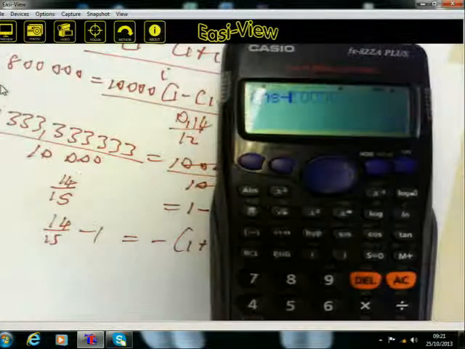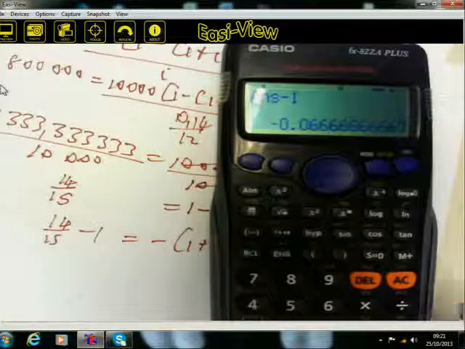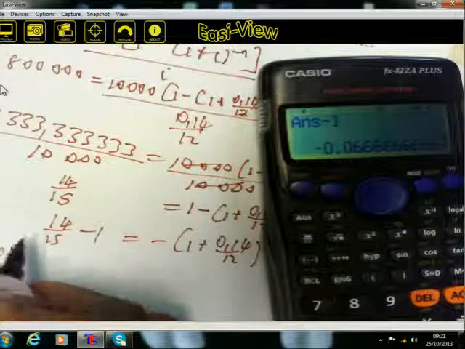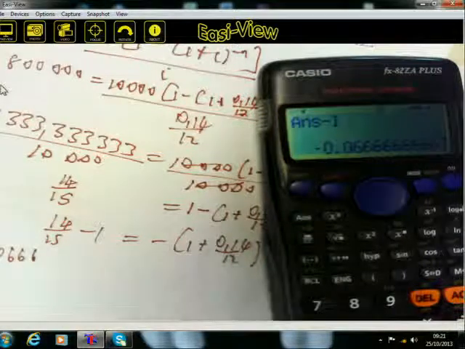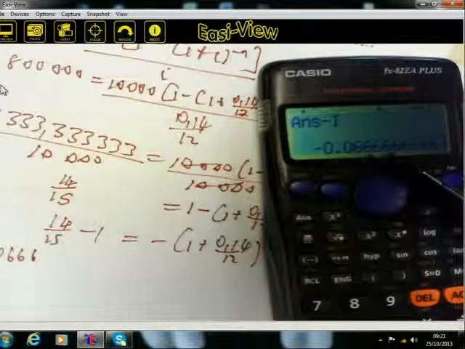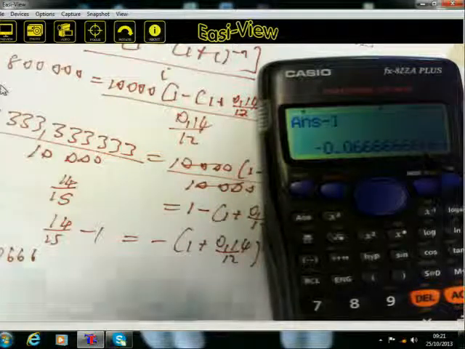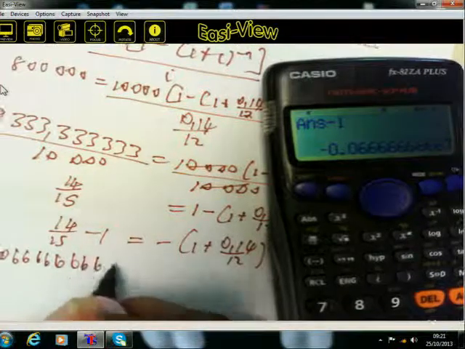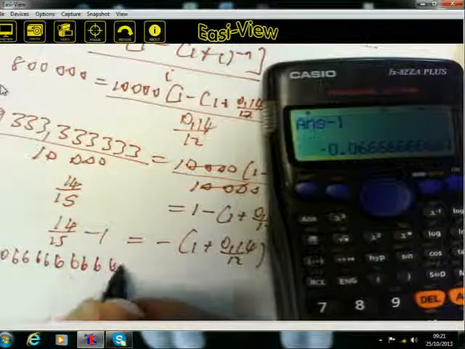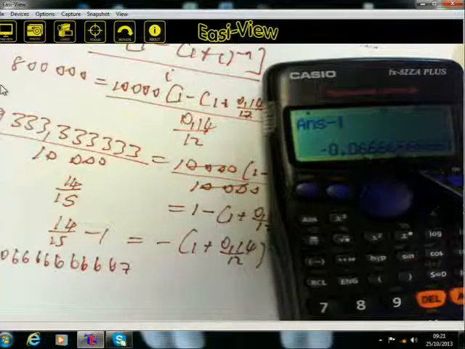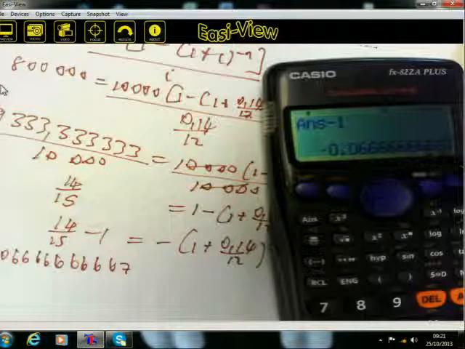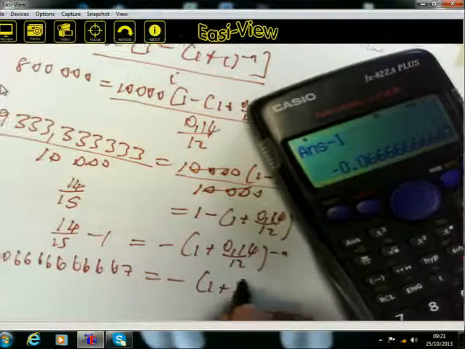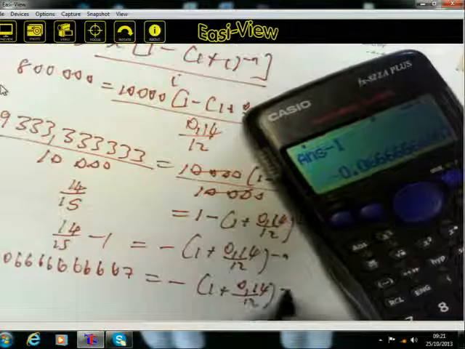And now what is your answer? 14 over 15 minus 1 gives negative 0.0666, with the 6s recurring and the last digit being 7. Now it is equal to the negative here, and you have (1 plus 0.14 divided by 12) to the power of negative n.